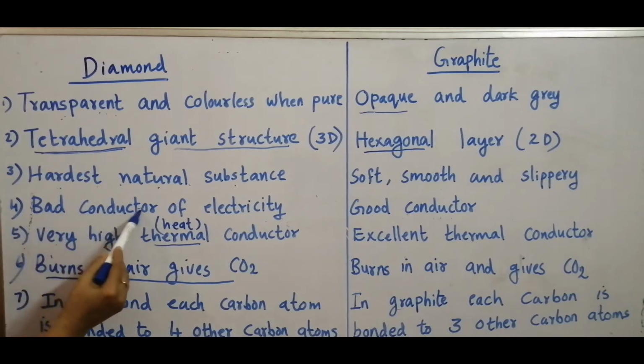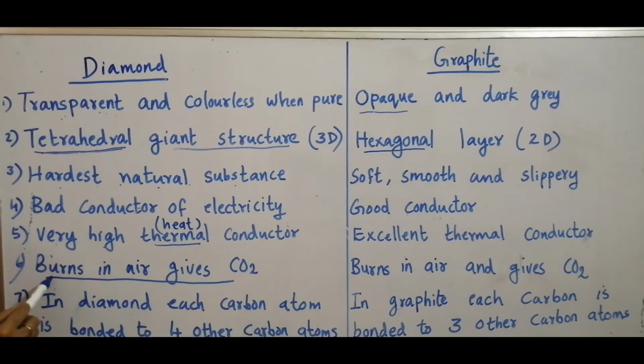Diamond is a bad conductor of electricity, so it acts as an insulator, and graphite is a good conductor of electricity. Diamond has very high thermal or heat conductivity, and graphite also has excellent heat conductivity.